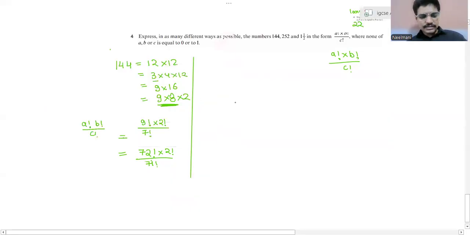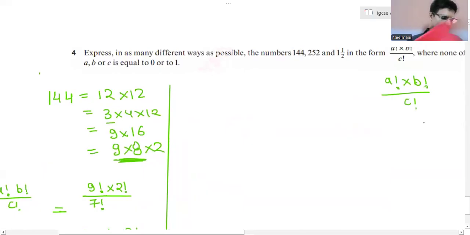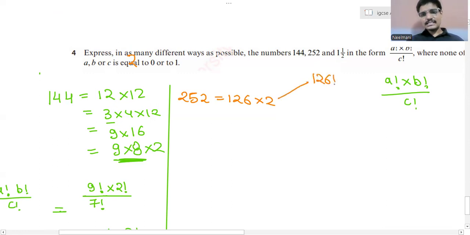There are many ways of getting this, but let's see. 252 is actually 126 multiplied by 2, correct? So we get one of the answers as, let's say, 126 factorial multiplied by 2 factorial upon 125 factorial. Yes, this is one of the answers.